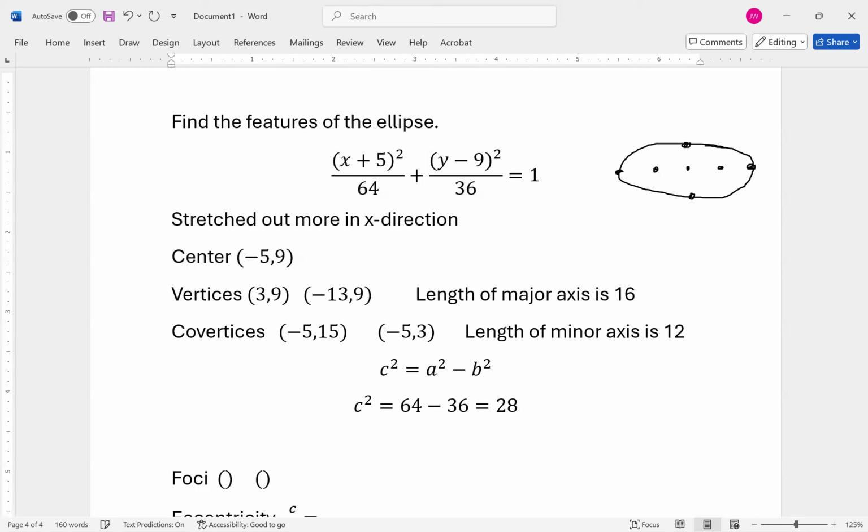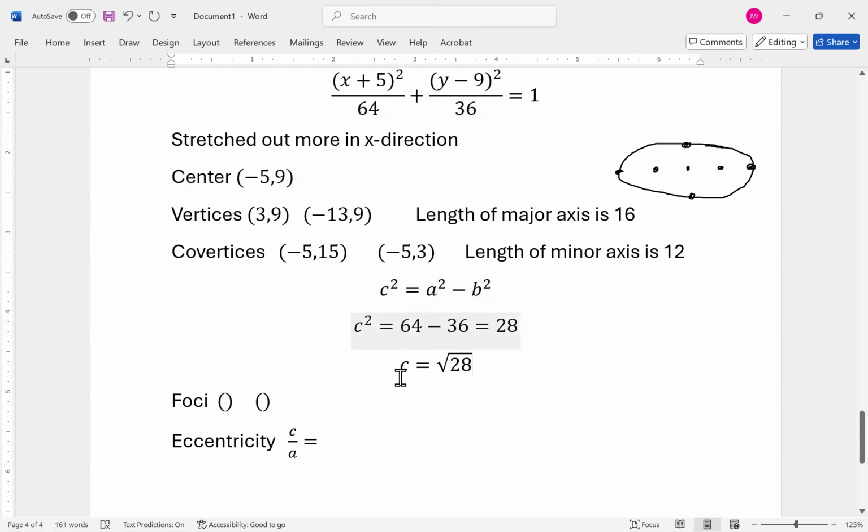That means c is the square root of 28. Obviously, that's an irrational number. If you wanted to simplify it, you could do some factoring and simplification, but I am not going to do all that simplification. I'm just going to call it square root of 28.